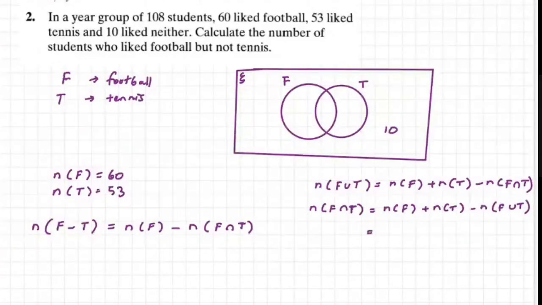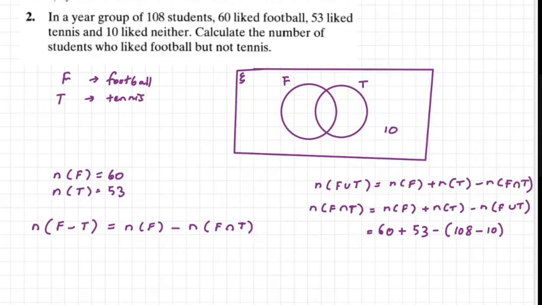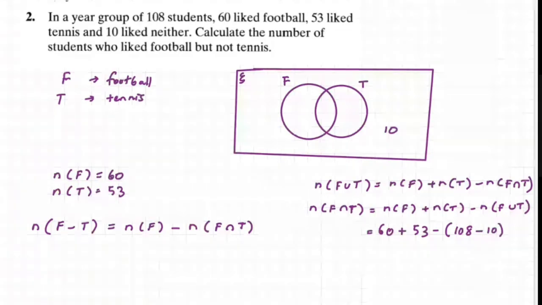The number of F is equal to 60. The number of elements in T is 53. The number of elements of F union T is equal to 108 minus 10, since 10 is outside the circle.